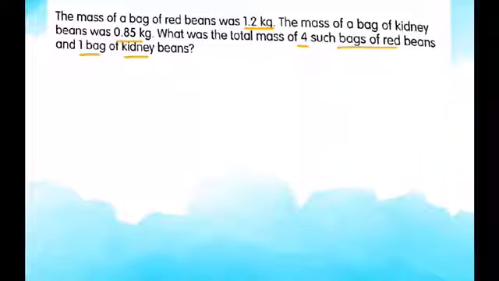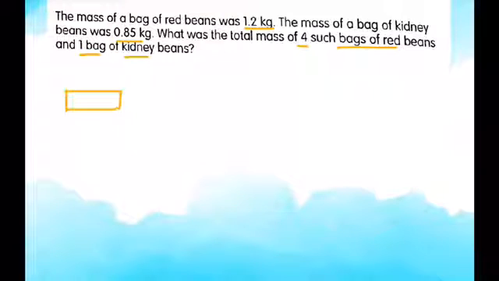How do we solve this problem? For this lesson, we are focusing on the use of bar models. Let's represent the given word problem with all the information that we have. Let's draw 1.2 kilograms. This shows the mass of a bag of red beans.